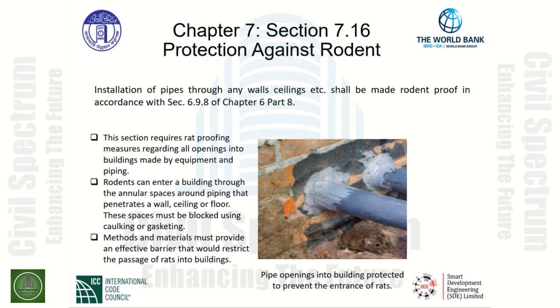These spaces must be blocked using caulking or gasketing. Methods and materials must provide an effective barrier that would restrict the passage, again, of rats into buildings. The graphic shown to the right of the slide indicates pipe openings into the building are protected to prevent the entrance of rats into the building.